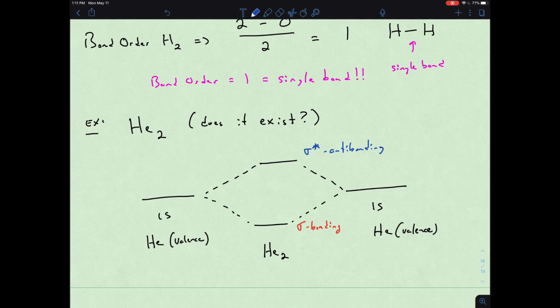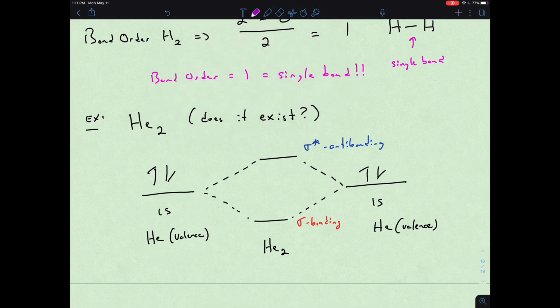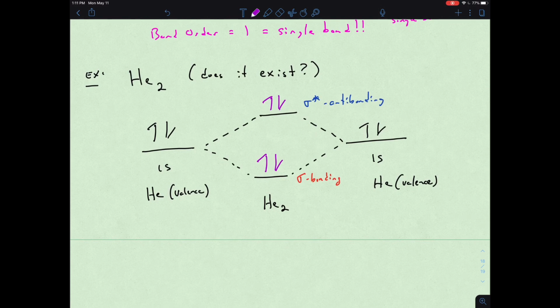antibonding orbitals. Each helium has 2 electrons in its 1s orbital. When we bring them together, we end up with the same number of electrons in the bonding as in the antibonding.